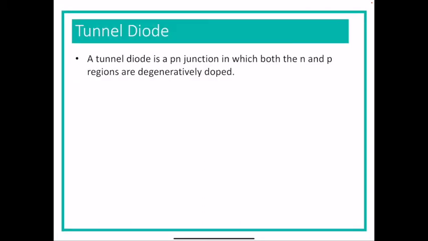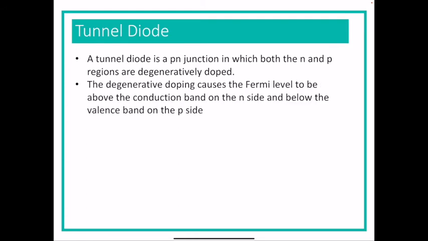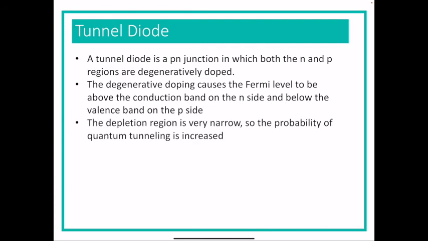So a tunnel diode is a PN junction diode in which both the N and the P regions are degeneratively doped. What this does is it causes the Fermi level on the N side to be above the conduction band, and it causes the Fermi level on the P side to be below the valence band. This makes the depletion region really, really narrow, so the probability of quantum tunneling is made as maximal as it possibly can.